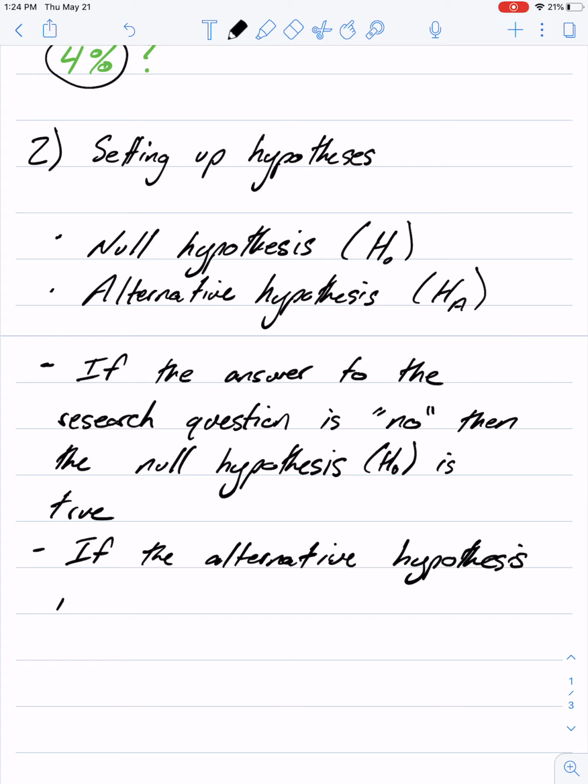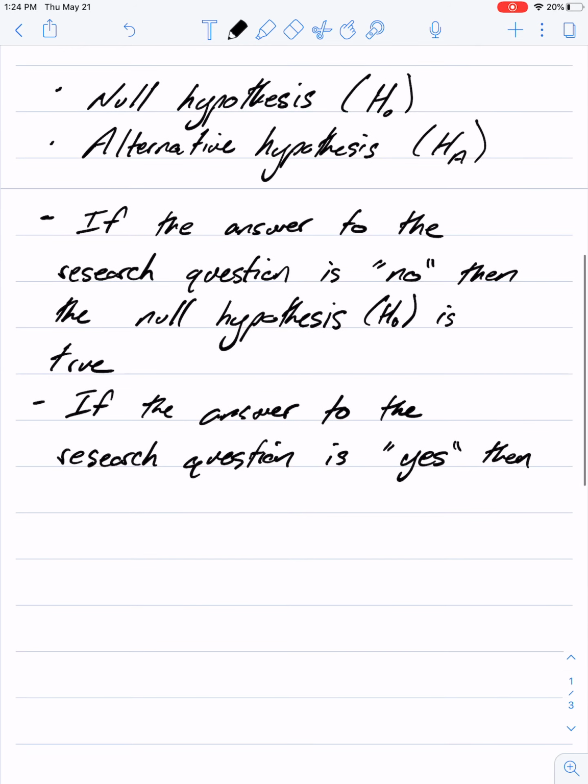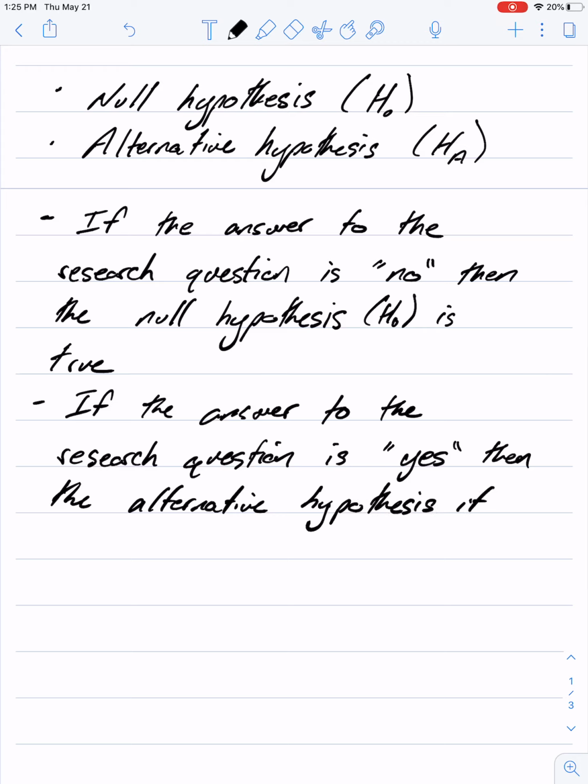If the answer to the research question is yes, then the alternative hypothesis is true.